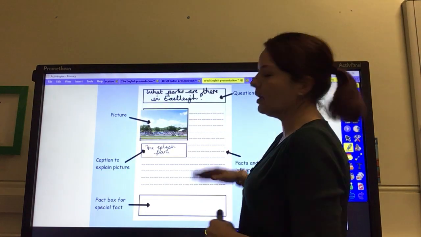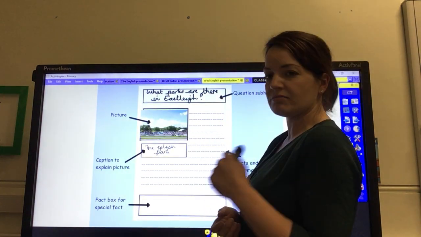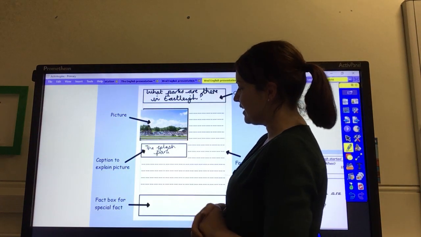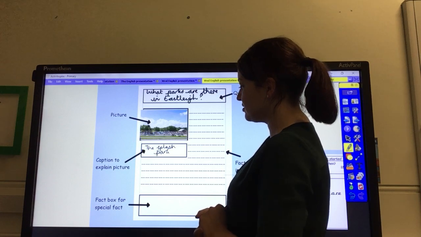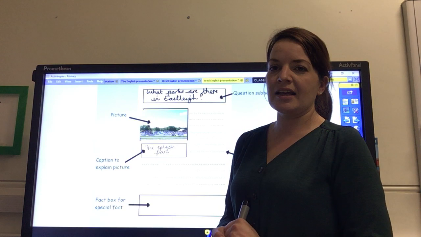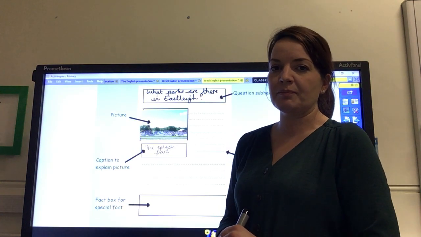So this is your main part of writing. This is where you need to do think it, say it, write it, read it, and then at the bottom you can have a go at that challenge of writing a fact box for your special fact. So today I'd like you to have a go at writing your first paragraph, and then tomorrow we'll write the second one. Good luck.